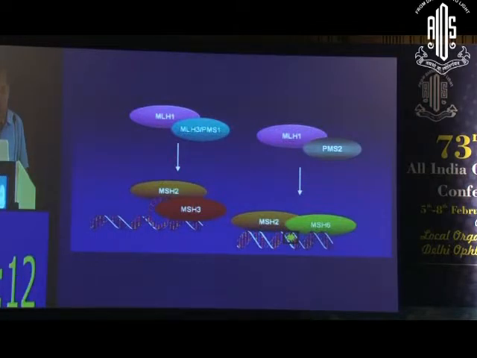Now, in addition to this, what we do is, have you heard of something called MMR genes? Mismatch repair genes? Okay. Now, which is that syndrome that is associated with? What is the syndrome called? Okay, that's a condition. Hereditary non-polyposis colonic cancer is a condition.